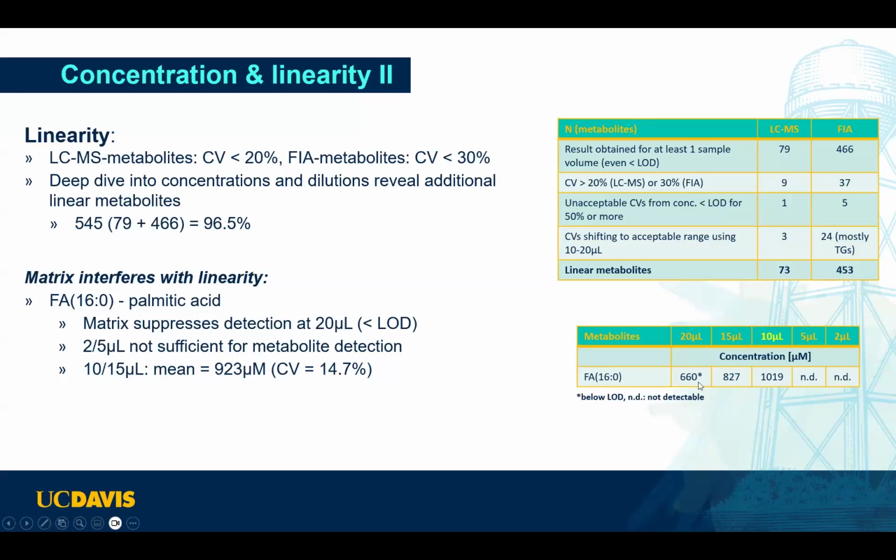Given the sample volume and the concentrations measured, there is a trend. However, it shows that the matrix most likely interferes with the detection of this fatty acid. Between 10 and 50 microliters, we do not have that interference, and if you just look at these 2 numbers, you're still within a nice linear range.